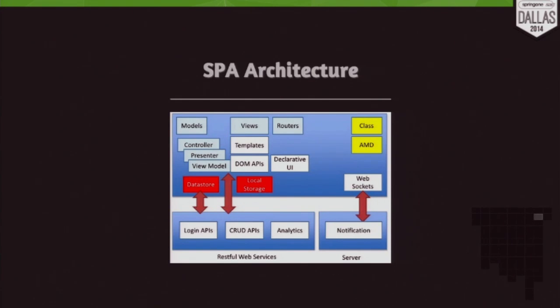So the single page architecture for your web app will be done to have a model present inside your application that you will synchronize basically with the server side. So a controller to dispatch the data, and then your view model.